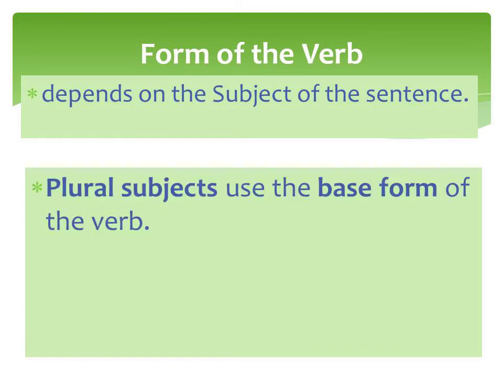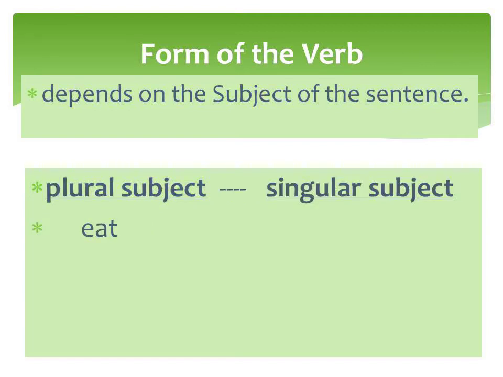So for plural subject, means having two or more subjects. Alright? So we use the base form of the verb. For example, the words eat, go, and carry. These are the base form of these words.